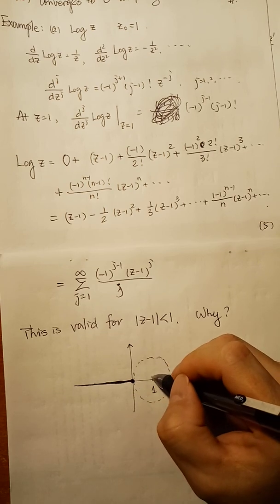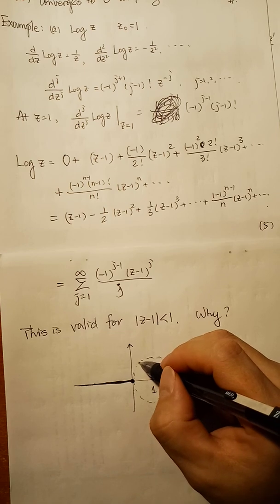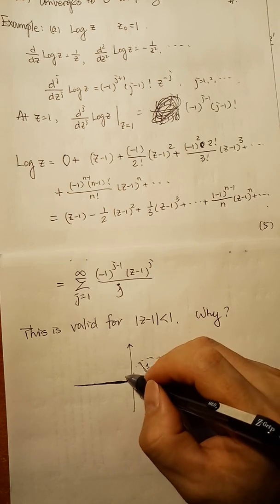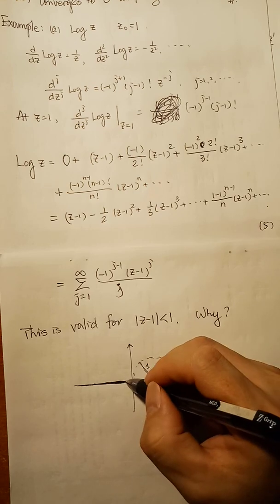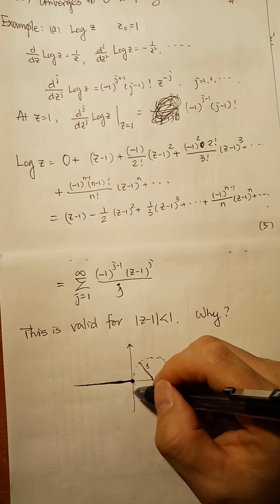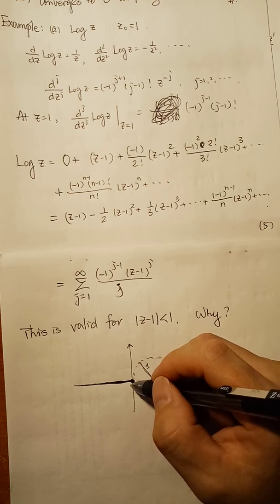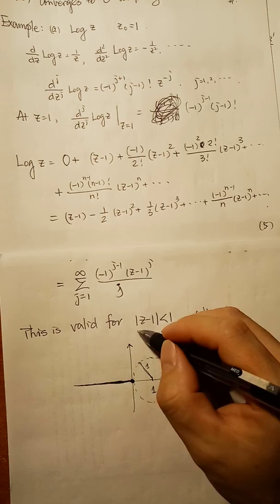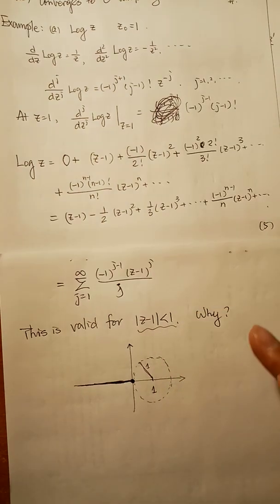If you get even bigger, the radius bigger than 1, you will include part of the negative x-axis. Then the function natural log of z is not analytic. So this is the maximum, the largest possible.